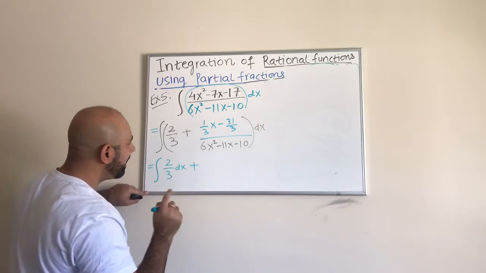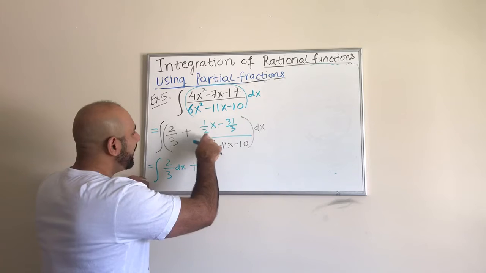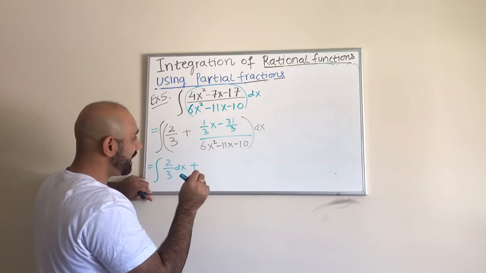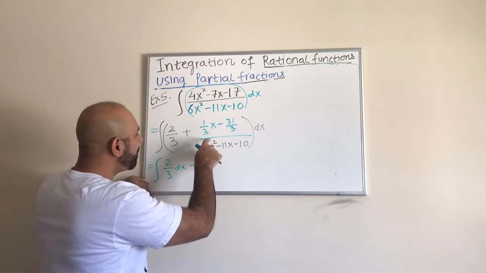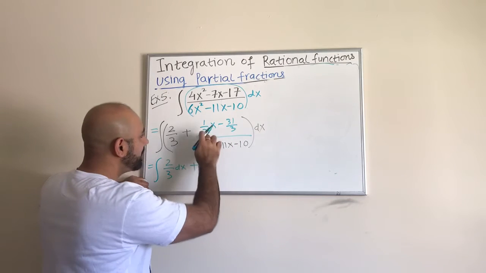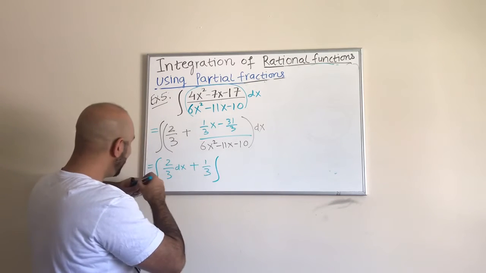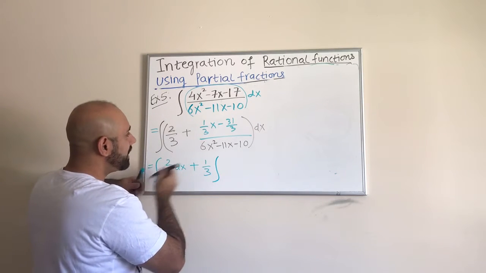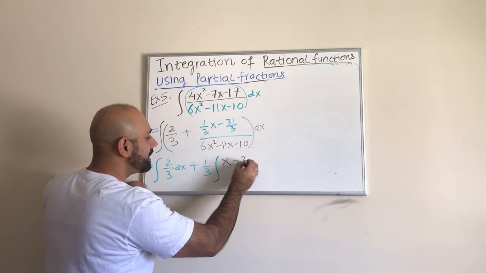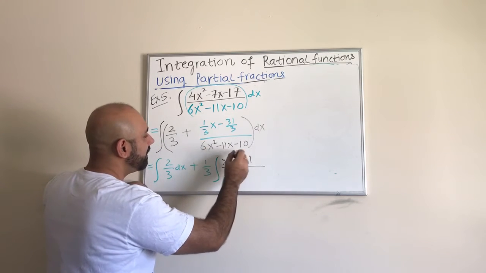And then guys, again, it's up to you whether you want to do it like that. I don't really like to work with the fractions unless we have to. So what I'm going to do is take out 1/3, because 1/3 is a common factor here. If I take it outside, then upstairs I will be left with only x minus 31, and downstairs I have this 6x squared minus 11x minus 10.